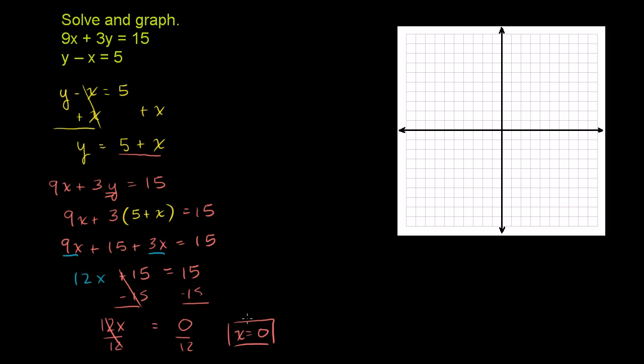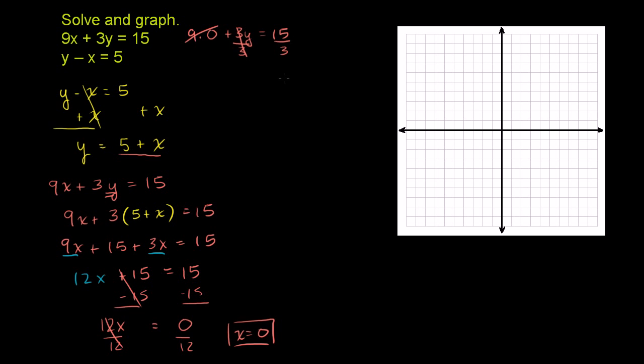Now, if x equals 0, what is y? Well, we could substitute into either one of these equations up here. If we substitute x equals 0 in this first equation, you get 9 times 0 plus 3y is equal to 15. Or, that's just a 0. So you get 3y is equal to 15. Divide both sides by 3.